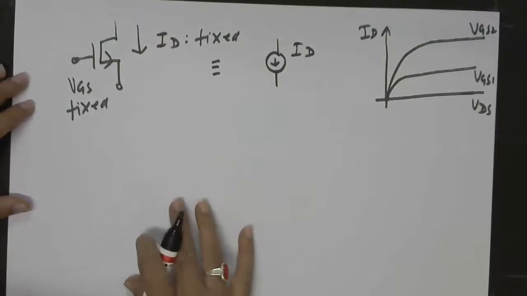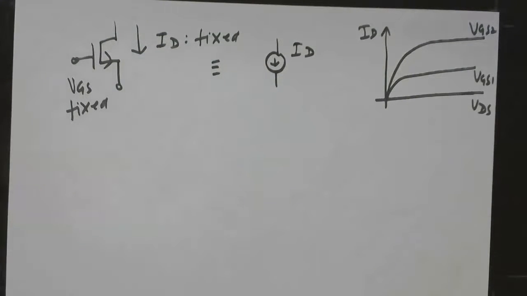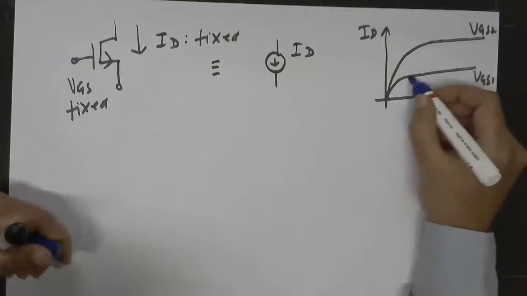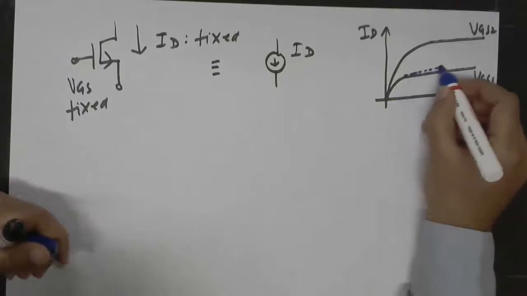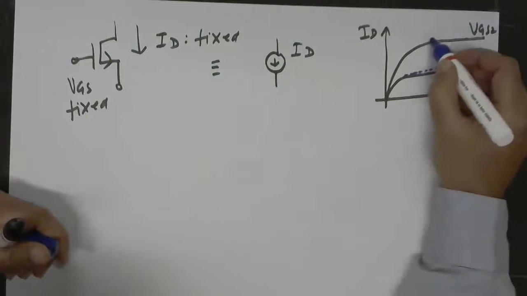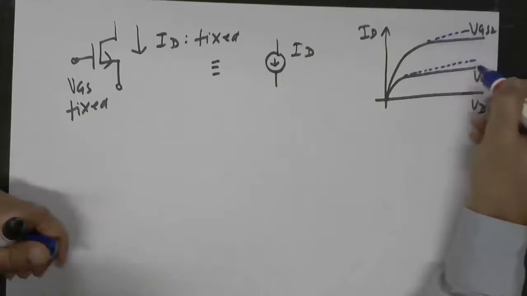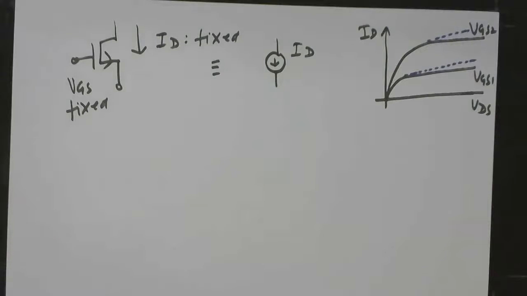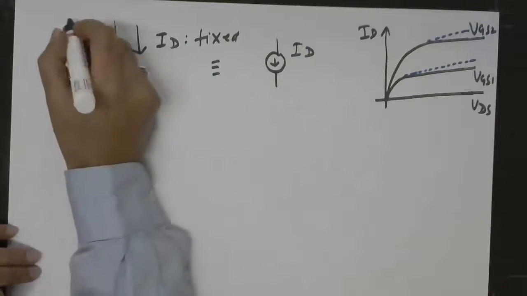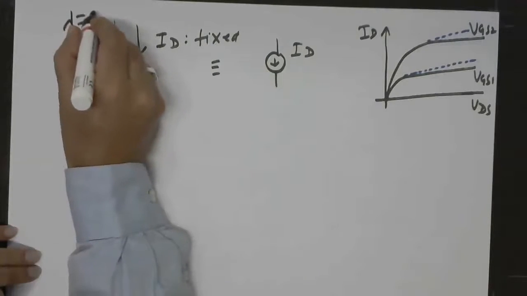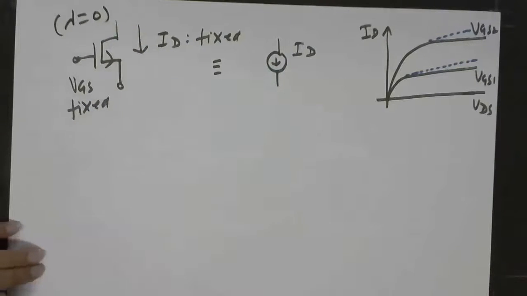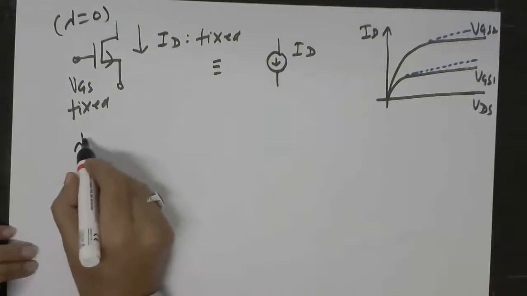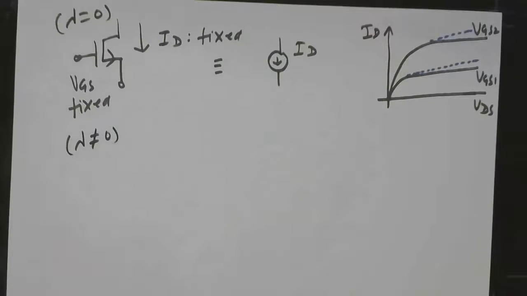Right? So ideal MOS can be used as a current source with value ID decided by the gate to source voltage. But in real life, we have seen that there will be slight increment in the drain current with the drain voltage. Okay, this is the practical case, or the case with channel length modulation. So this is for no channel length modulation. Now if we include channel length modulation, then what happens?